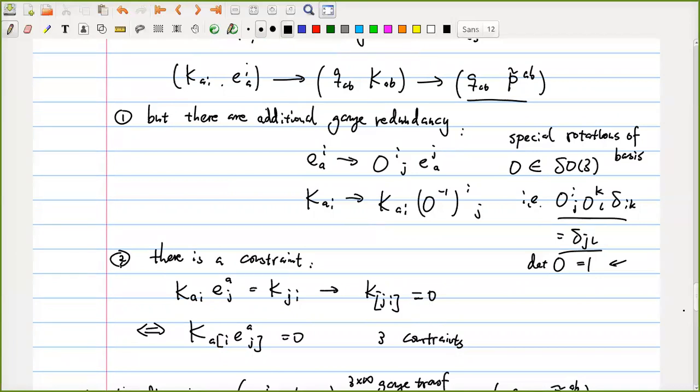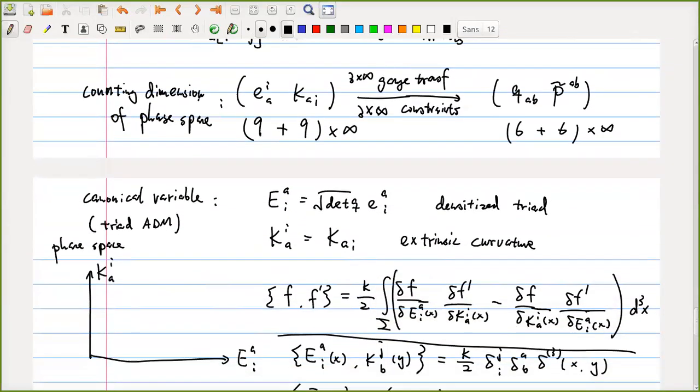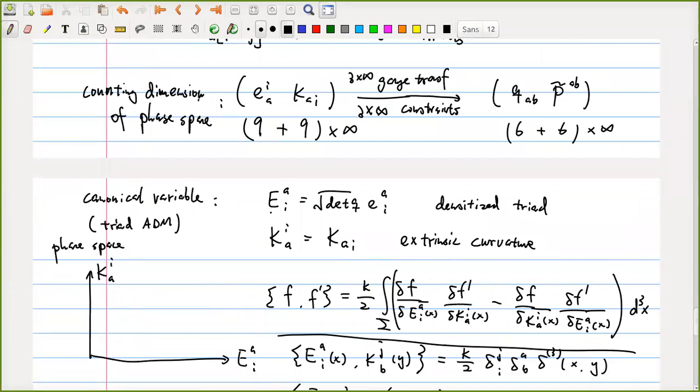So here is what I'm claiming is the conjugate variable. E and K are not exactly conjugate. They are roughly conjugate, but not exactly. But this capital E, which is a densitized triad, and the K are real conjugate variables.